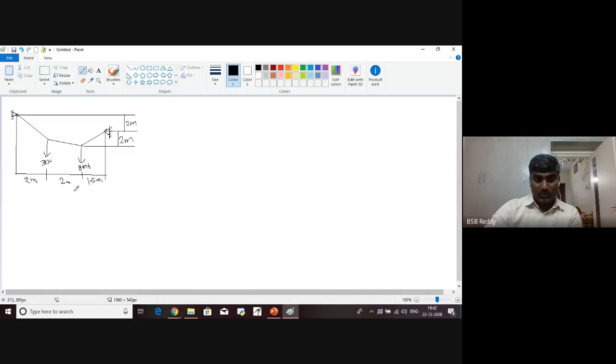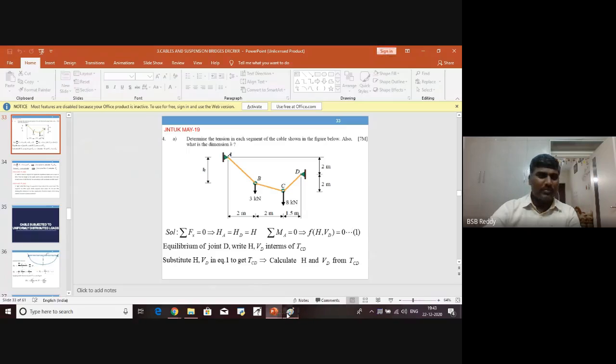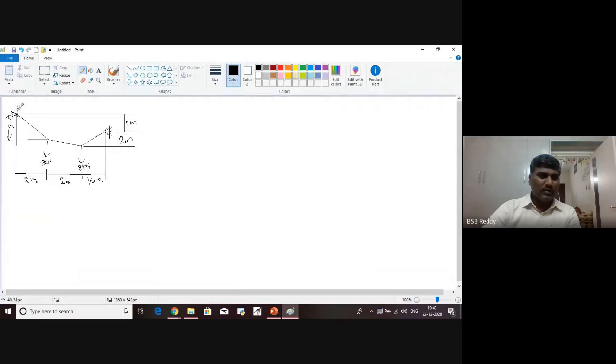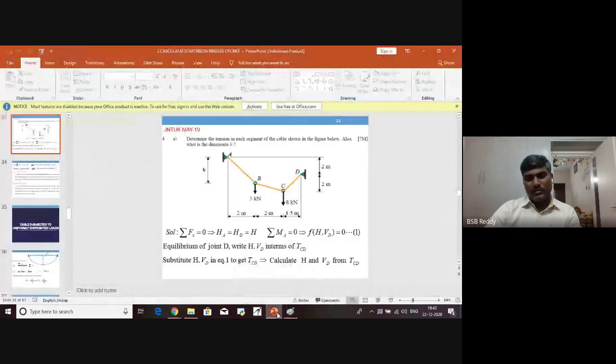Now this distance, what the problem says, this distance is h, that you have to find. The notations are A, B, C, D in continuation. So this is the given problem.